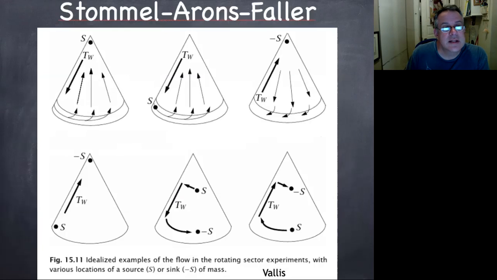Okay, so let's see what happens if you have a source here and then uniform upwelling everywhere else. Uniform upwelling is going to be stretching. That means we want to go poleward everywhere in the interior. Oh, wow. That means the flow everywhere in the interior is headed toward the source, which is super weird.